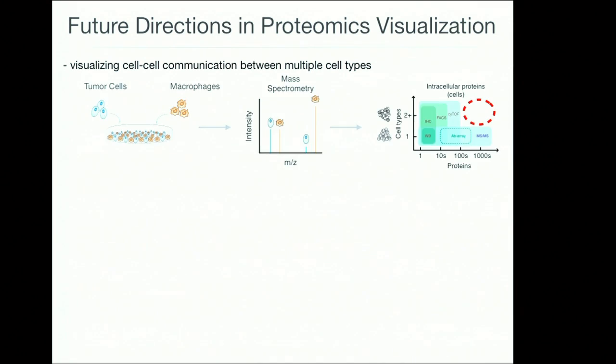Together with another postdoc in the lab, we've developed a new technique where we can selectively label the proteome of two different cell types growing together in co-culture by modifying a version of SILAC. So we can now directly lyse co-cultured cells and see what proteins come from which cell types.